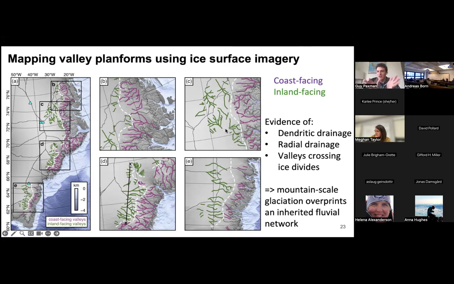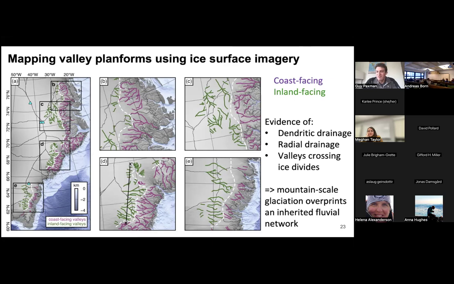So these branching networks. We see radial drainage patterns, for example, over here. And we see valleys which cross-cut modern-day ice divides. And I think all of these observations, again, are consistent with this idea that these valleys cannot have been formed beneath the modern ice sheet. This is just not the sort of network you'd expect to find forming beneath a large-scale ice sheet like we see in Greenland today.